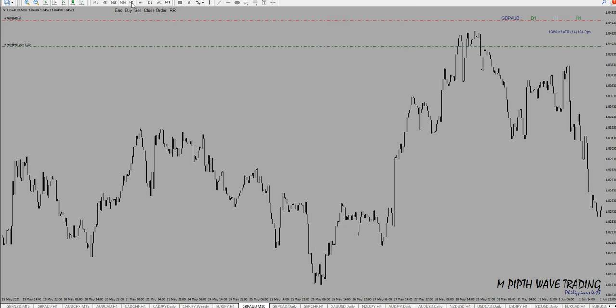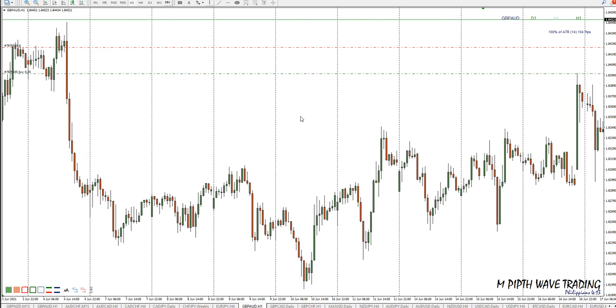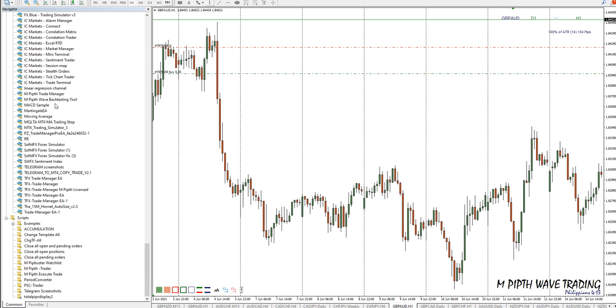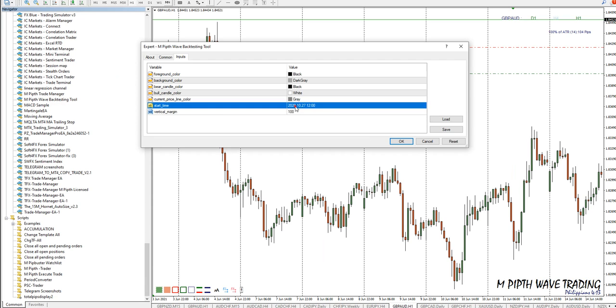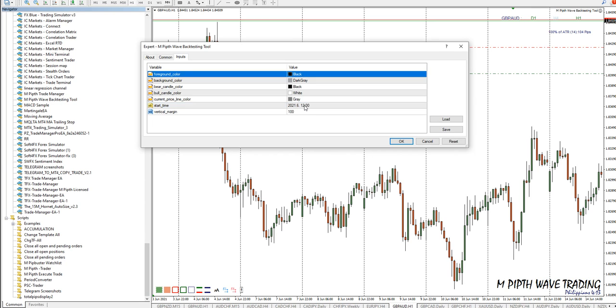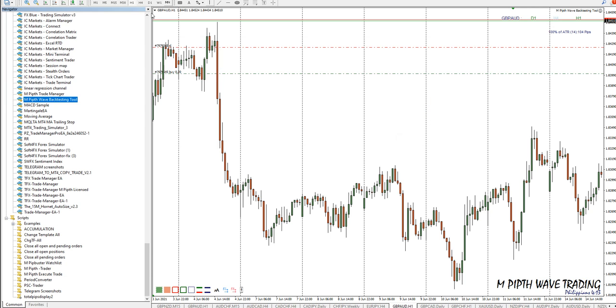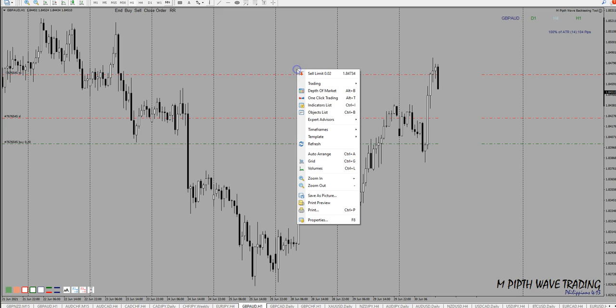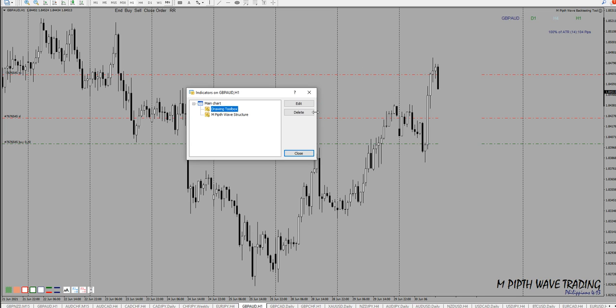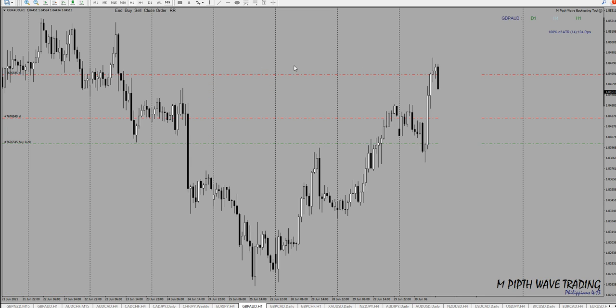Okay, gumana. Ulitin natin: 6:30 and then 16. Okay, and then let me remove the drawing tool. So andito yung price no nung time na yon.